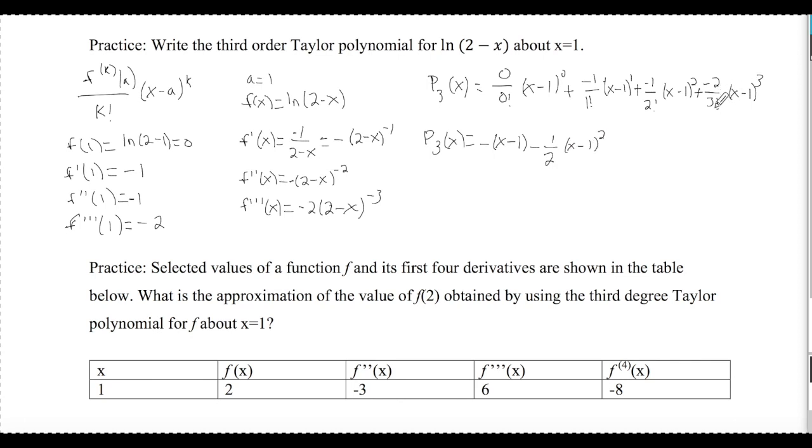Negative 2 divided by 3 factorial, 3 factorial is 6. So this is going to be minus 1/3 x minus 1 cubed. So there we go. And these are also what people call the first 3 non-zero terms, because the first term came out to be 0. All right. Here's my third order, third degree Taylor polynomial.